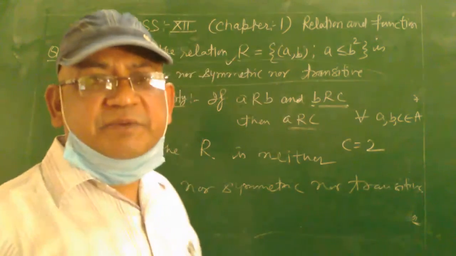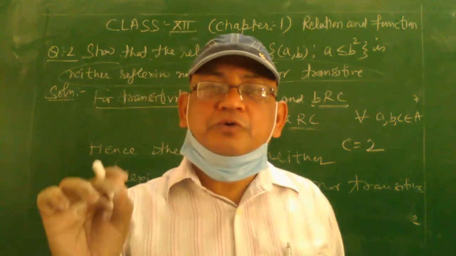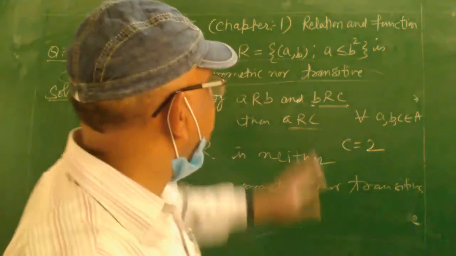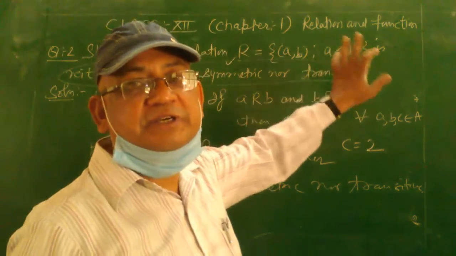So students, in this manner you may solve question number 5. In place of B square there B cube is given.